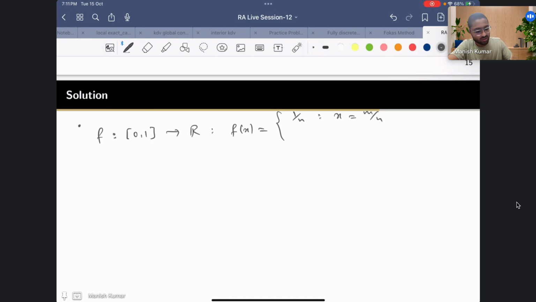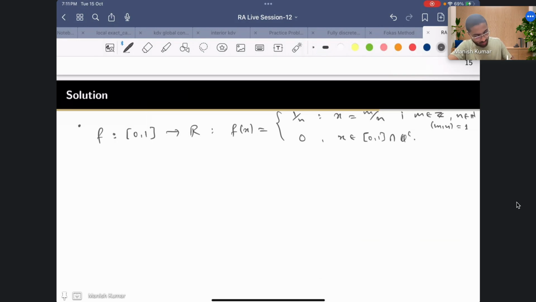So m by n you choose, where m is an integer and n is a natural number, and GCD of m comma n is equal to 1. And you take it 0 when x is irrational.